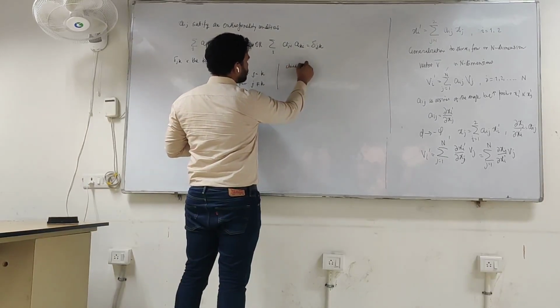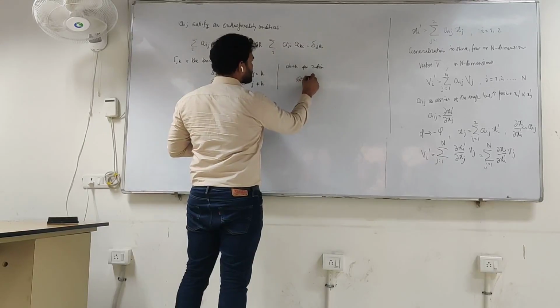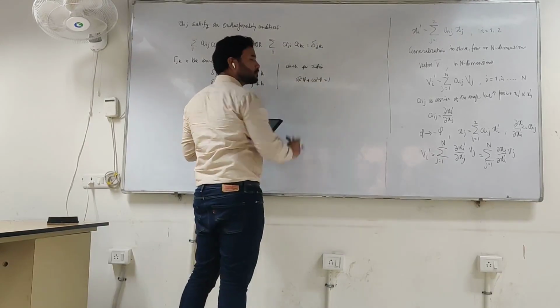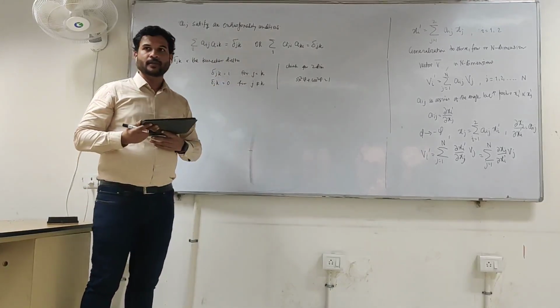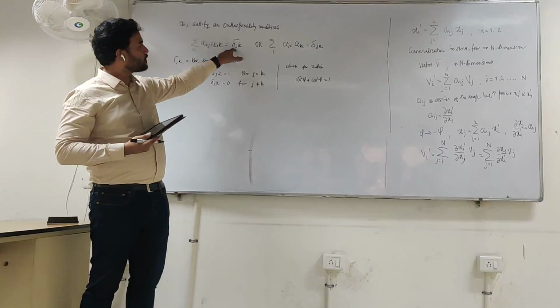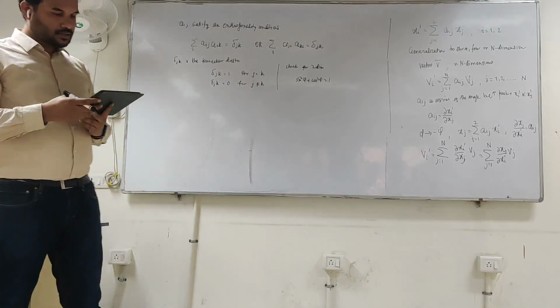This will give sin square phi plus cos square phi equal to 1. When j is equal to k, this should give 1. When j is not equal to k, it should give 0.